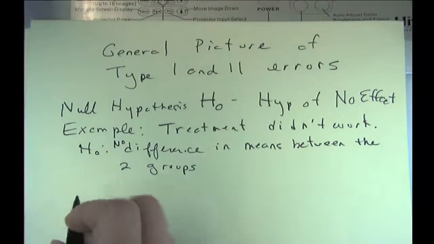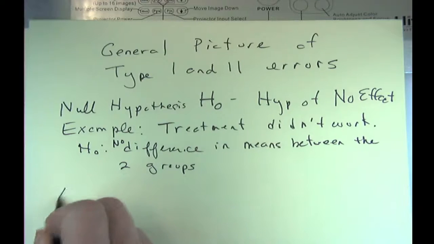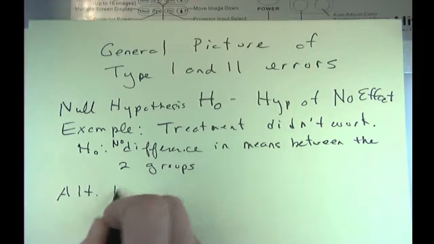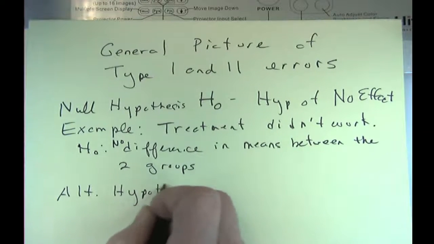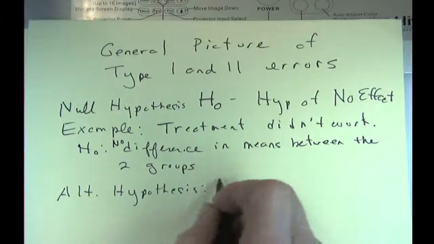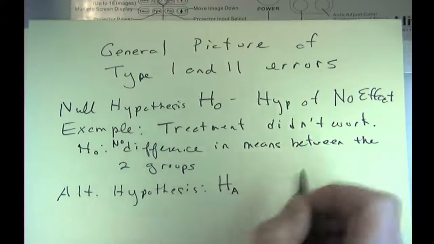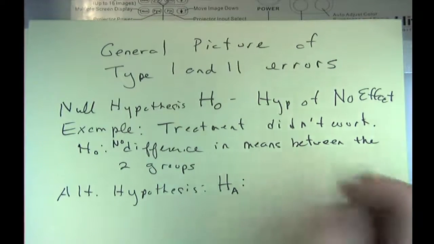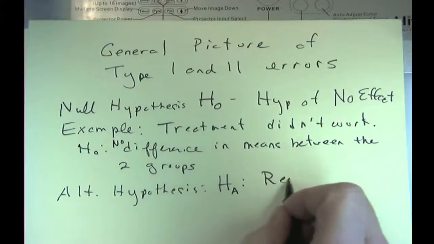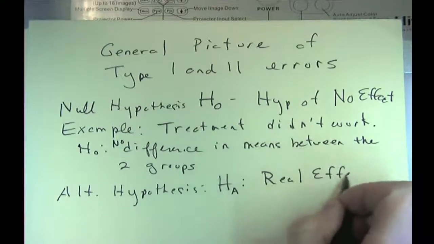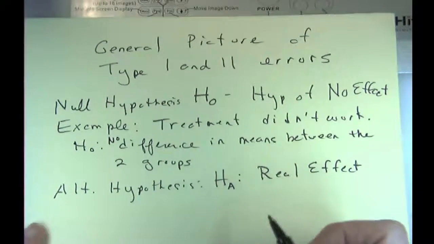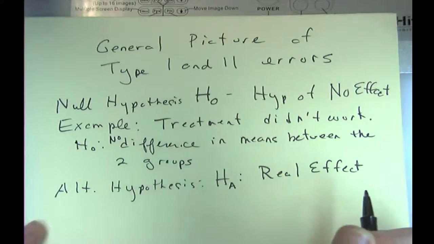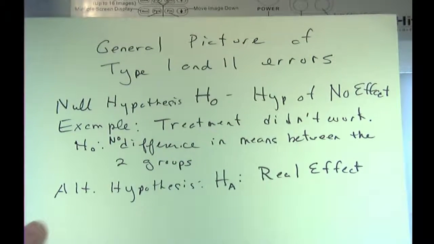All right, and then you'd have an alternative hypothesis. And the alternative hypothesis, we label it H with a little a here, is the hypothesis that there is a real effect, that the drug did work, that the difference we see in those test scores reflects a real difference, okay?